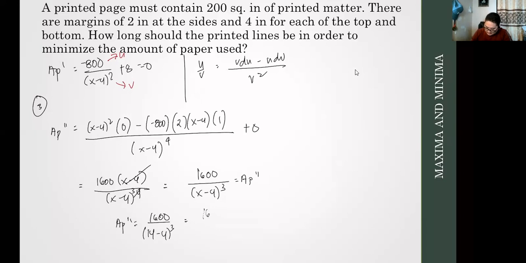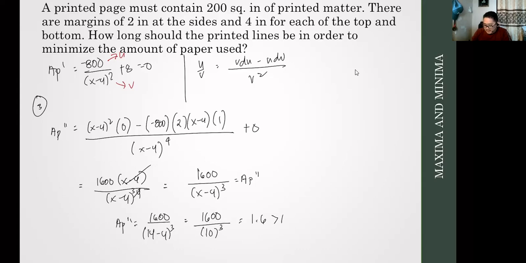So 1,600 all over 10 cube. So 1,600 over 10 cube is how much? 10 cube is 1,000. So this is 1.6.